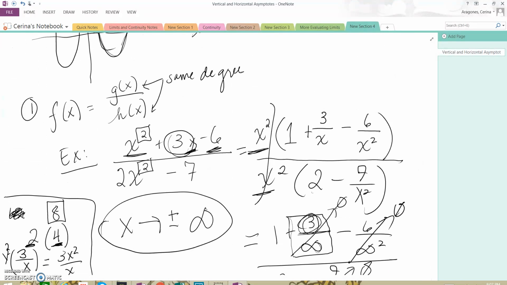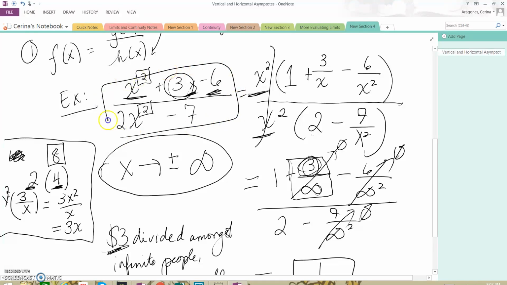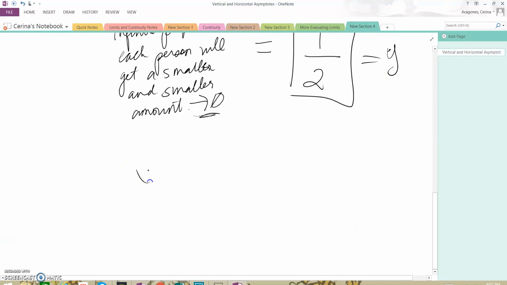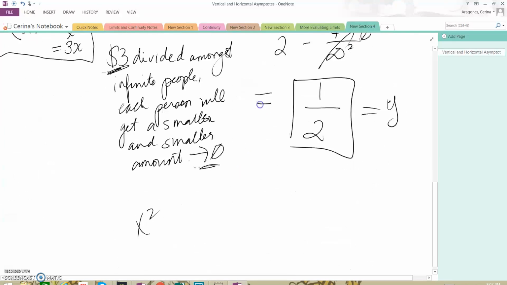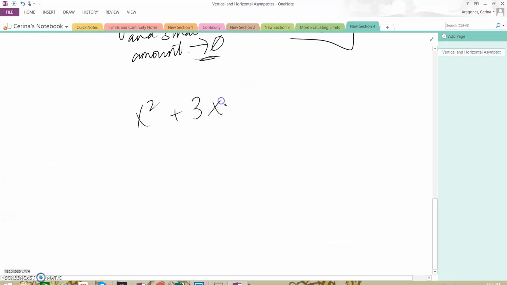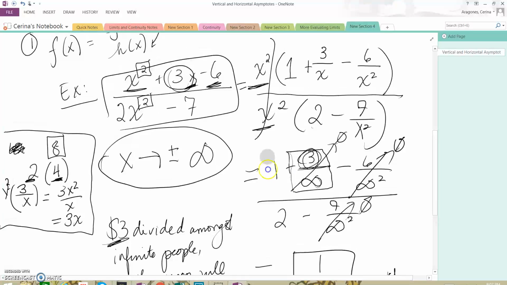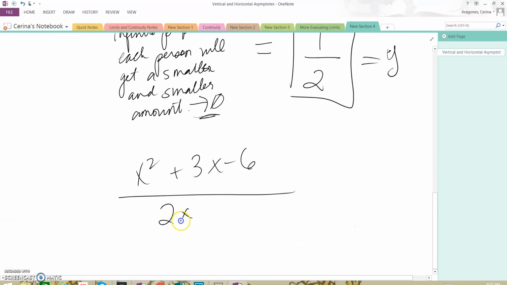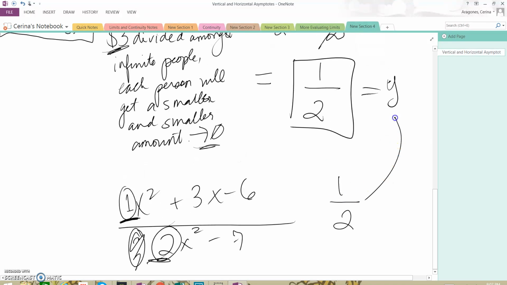So if you notice our original function, I'm just going to write it back down here, x squared plus 3x minus 6 divided by 2x squared minus 7. If you look at the exponents of the highest degree terms, you can see that the coefficients of the highest degree terms is equal to 1 over 2, which just happens to be our horizontal asymptote.